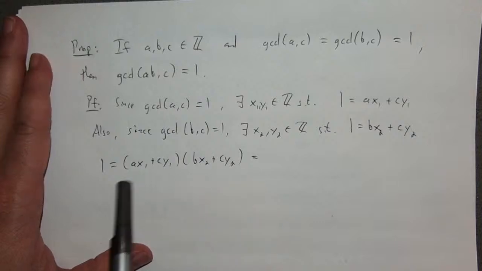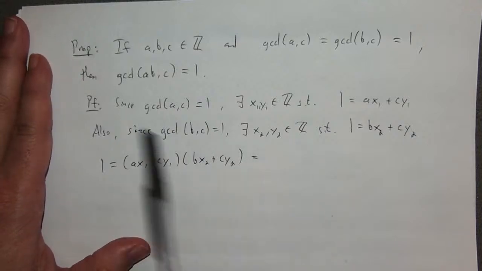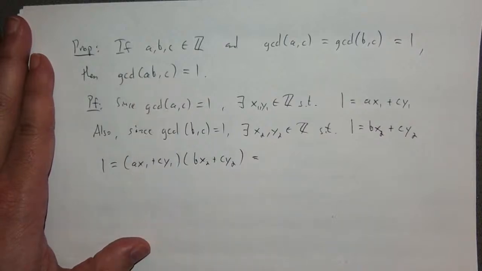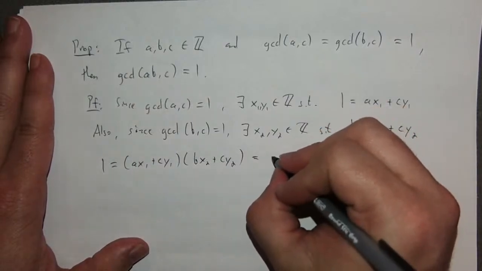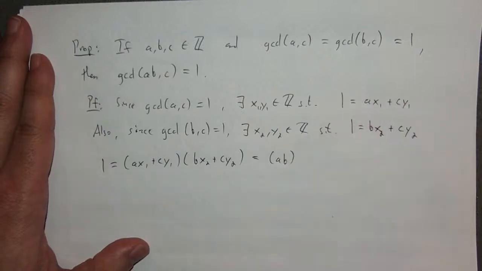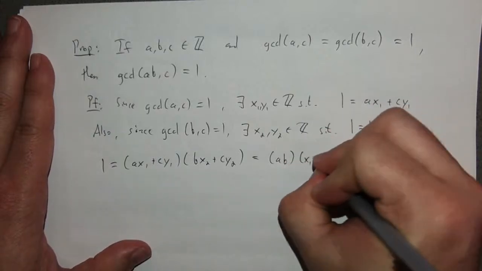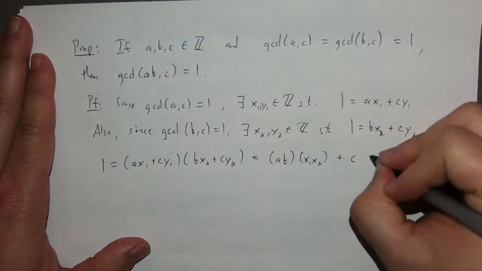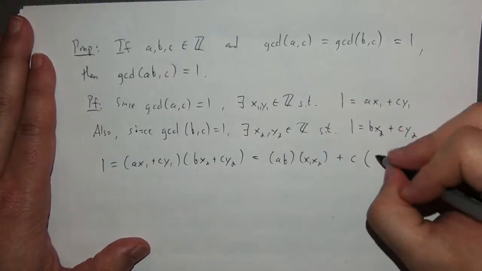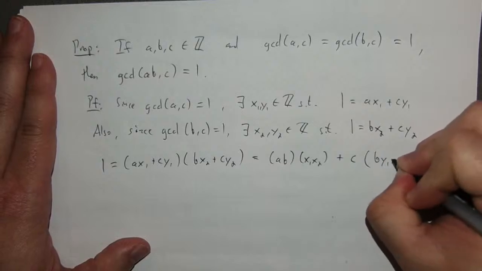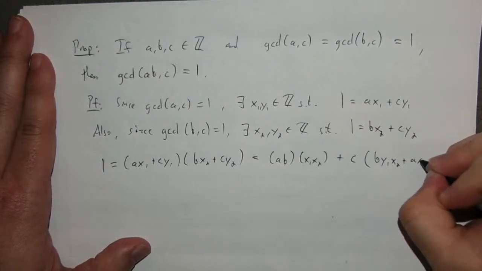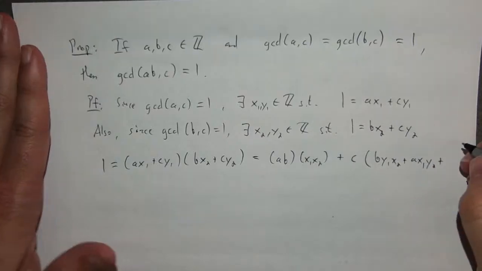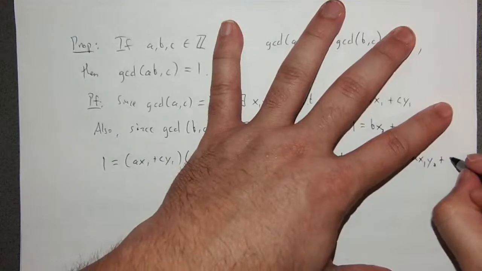So after judiciously sorting this expression in terms of A, B, and C, what do I get? I get AB times something. That something, if you're interested, is x1 x2, plus C times something. And that something, if you're interested, is B y sub 1 x sub 2, plus A x sub 1 y sub 2, plus C y sub 1 y sub 2.